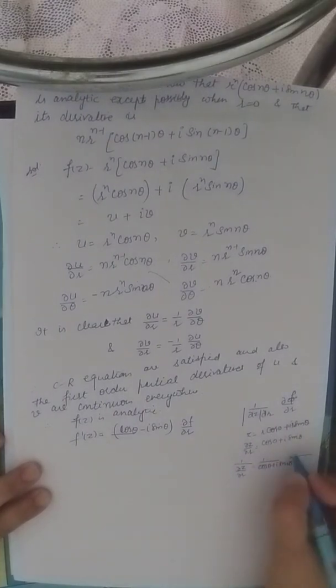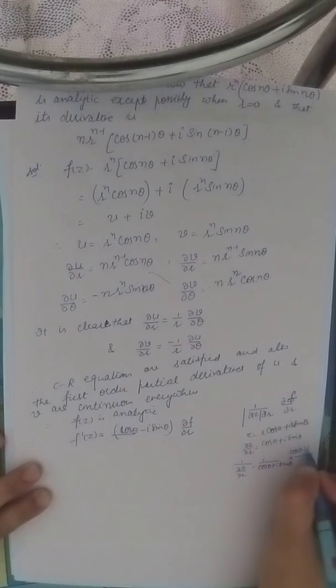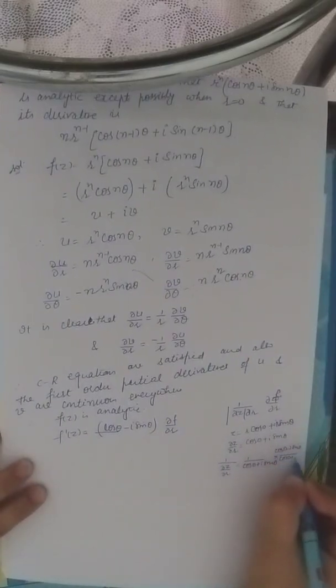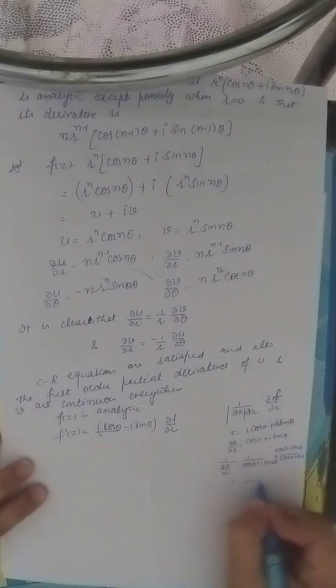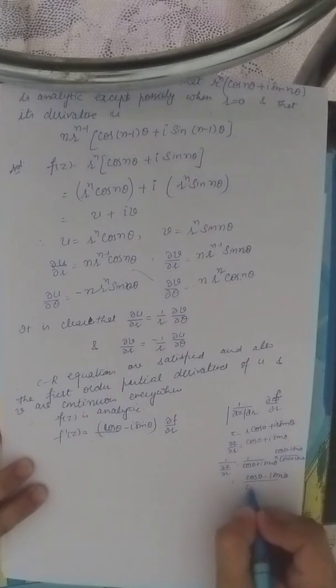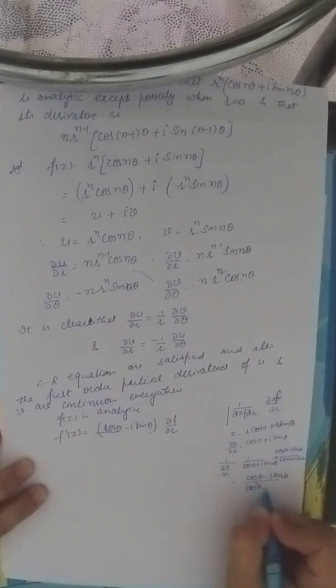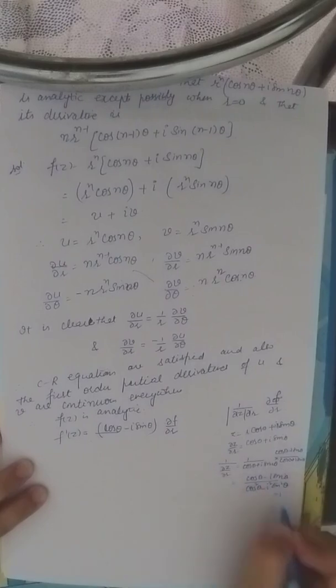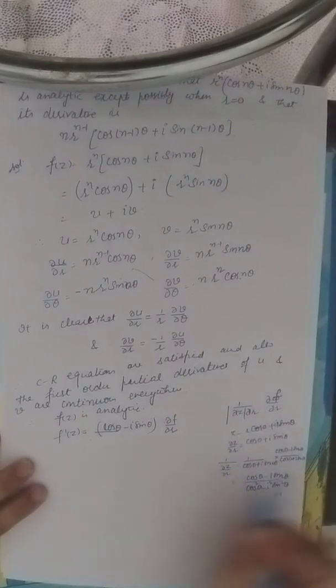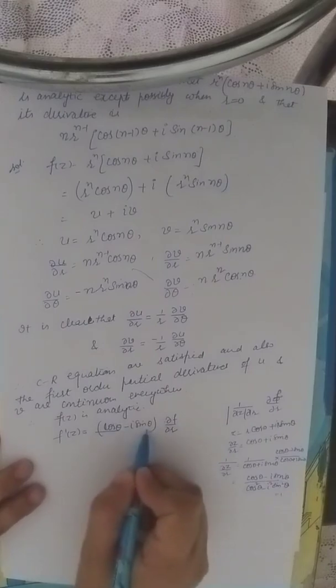Now rationalize it. You will get cos theta minus iota sin theta over cos square theta minus iota square sin square theta. It will give you 1. This is equal to 1, and thus 1 over the partial derivative of z with respect to r is cos theta minus iota sin theta, that we have written over here.